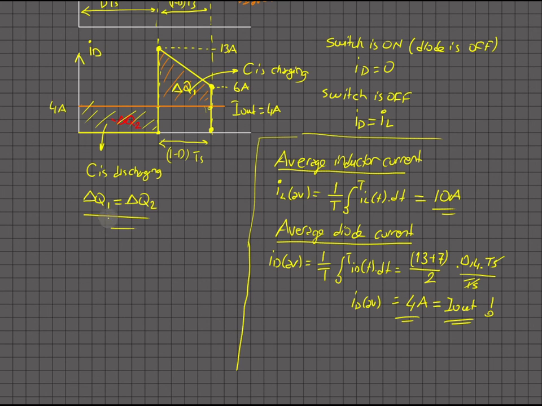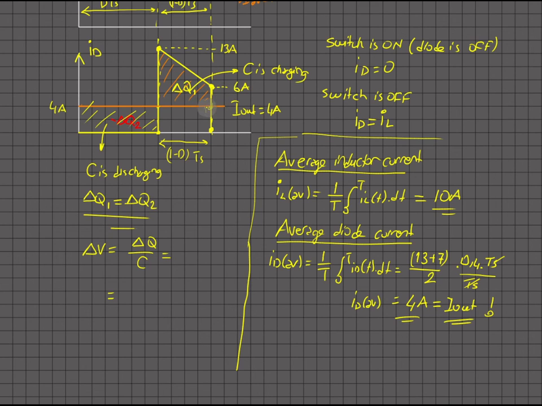And how can I calculate the change? It is simple. Charge is capacitance times voltage change, so the voltage change is charge divided by C. Let's calculate the total charge here.